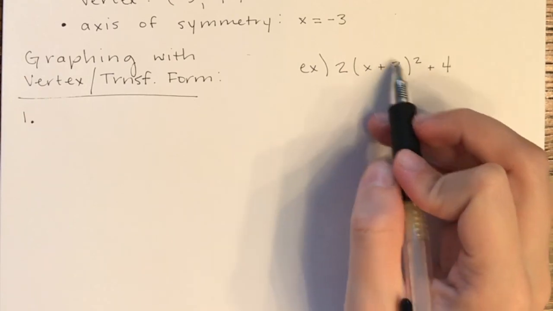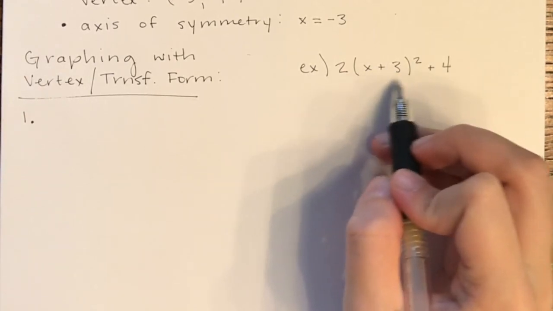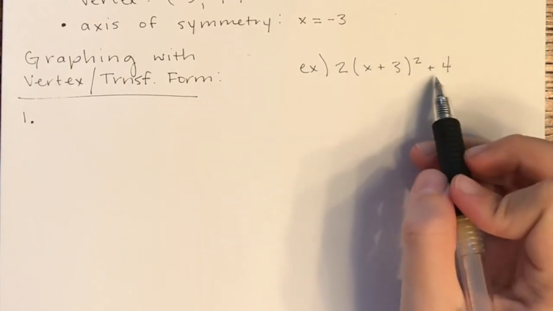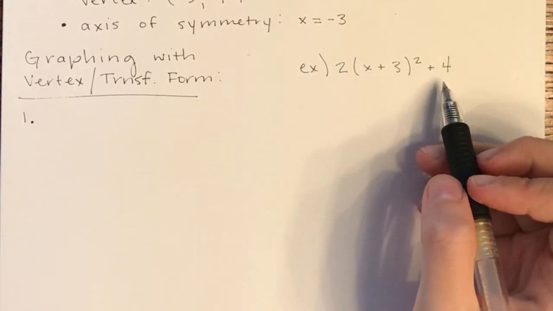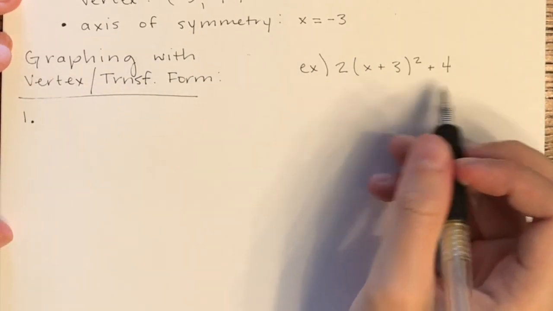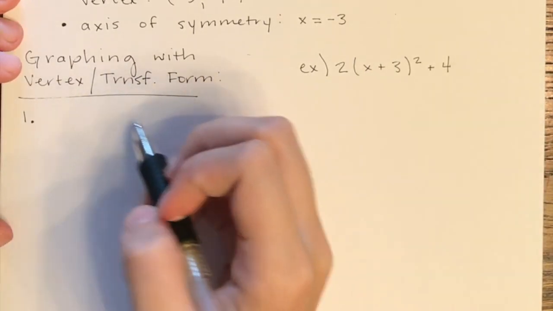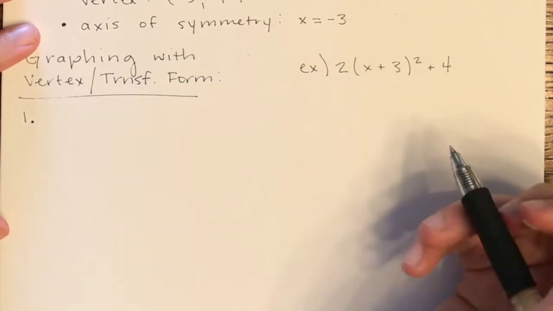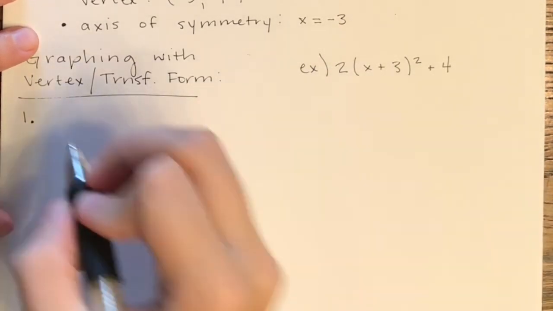We have an addition or subtraction of something on the inside. We have some sort of vertical stretch, and we have some sort of vertical shift. So in terms of order of operations for transformations, what do we want to do first? We can start inside of the parentheses.